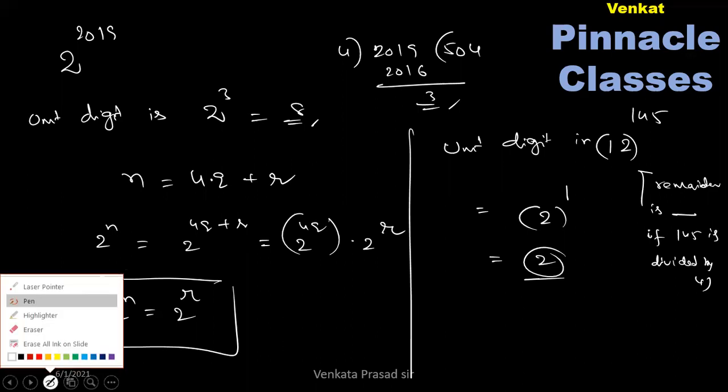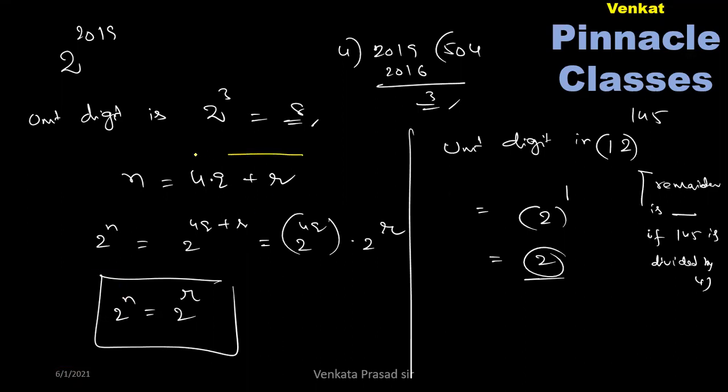So the same is applicable. Whatever number they are giving, divide with 4, then find the remainder. What is R? R can be 0, 1, 2, 3, possible cases.